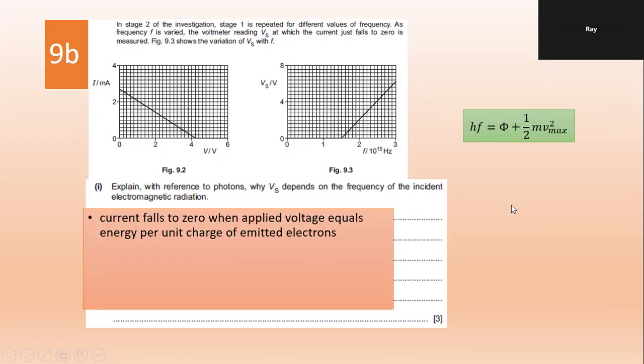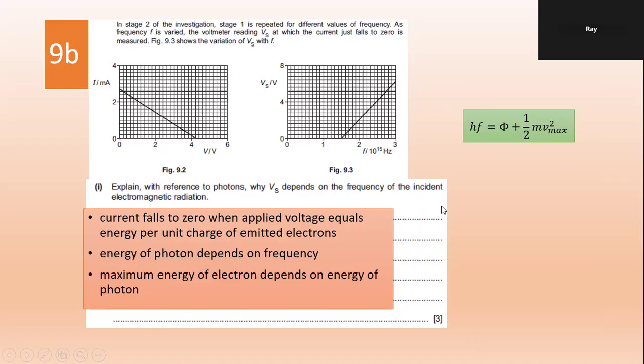Current falls to 0 when applied voltage equals the energy per unit charge of the emitted electron. Energy of photon depends on frequency. That's what it's saying here.